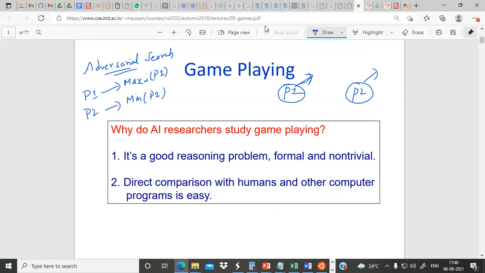From the perspective of player one, player one always wants to maximize his score.